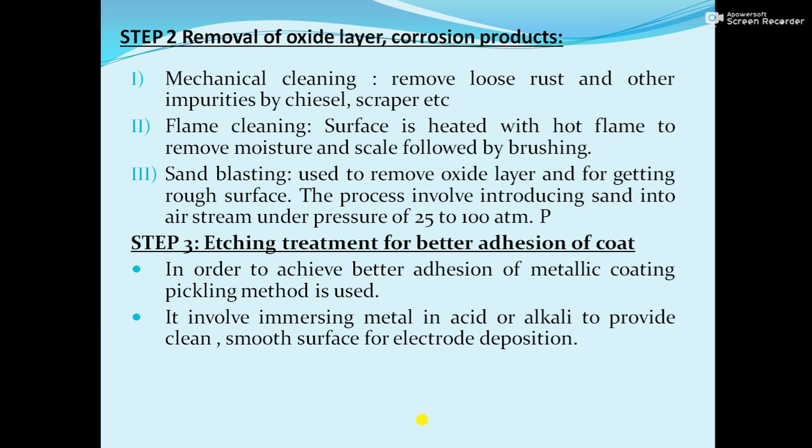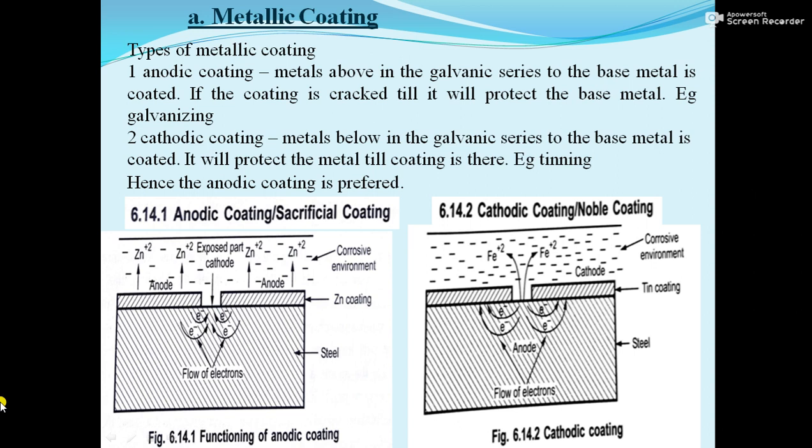Acid pickling is more convenient to remove scales as compared to mechanical cleaning and sandblasting. Except aluminium, metals can be dipped in dilute HCl, dilute H2SO4, or dilute HNO3. Any of the acids can be used, and then the surface is ready for the coating.